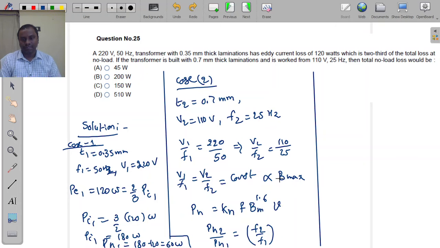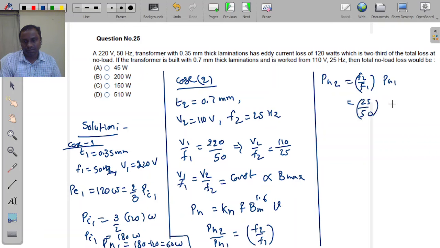Anyhow, Bmax is constant. So PH2 is F2 by F1 times PH1. Substitute 25 by 50 times PH1, which is 60. This becomes 30 watts.